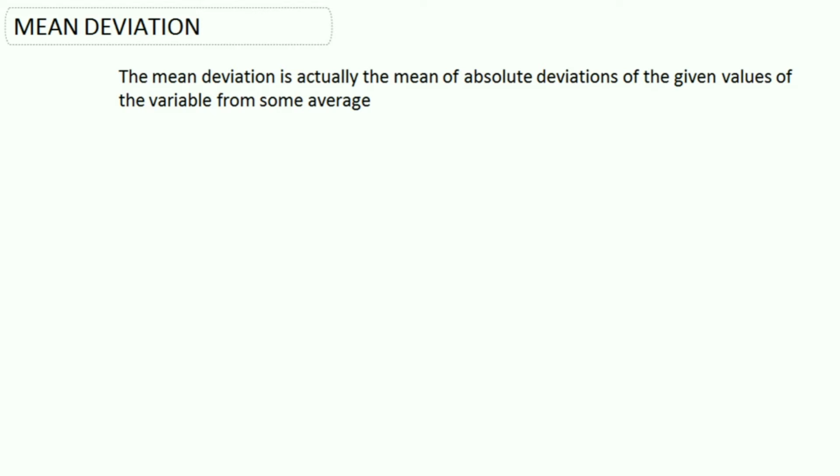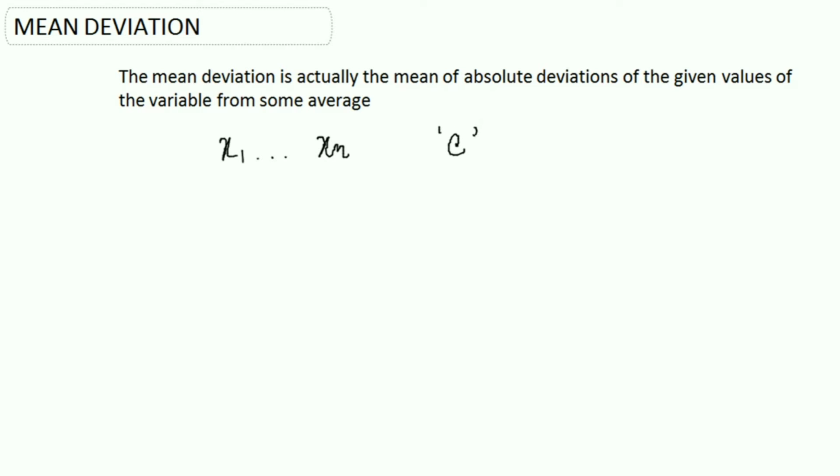The mean deviation is actually the mean of the absolute deviations of the given values of the variable from some average. To understand it more precisely, let's take a random variable x, and suppose it takes n values x1, x2 up to xn, and let c be any chosen average.